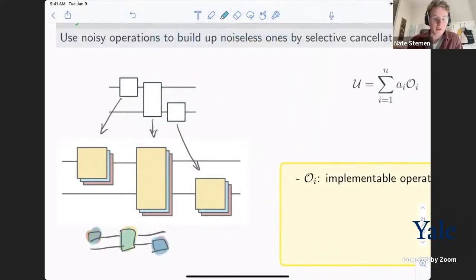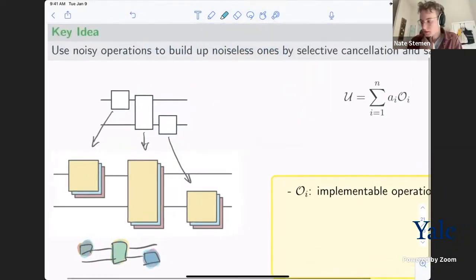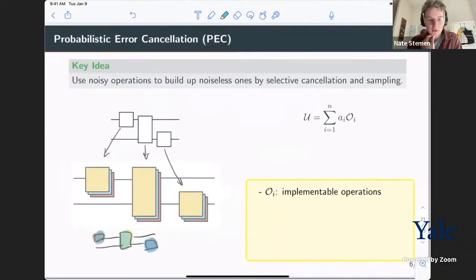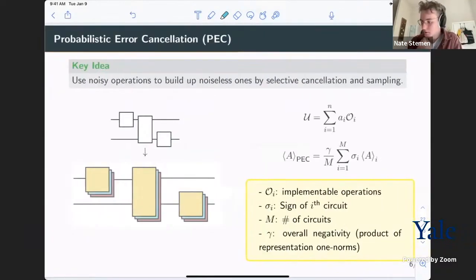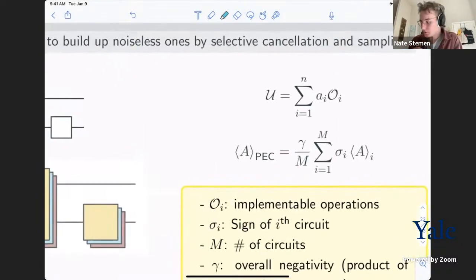But anyway, you do a bunch of these circuits, and you collect the results from each one of those circuits, and you're able to create an estimator for the expectation value that you're trying to measure using the following equation, where each one of these A sub i's are the things that you measure during each one of your experiments.